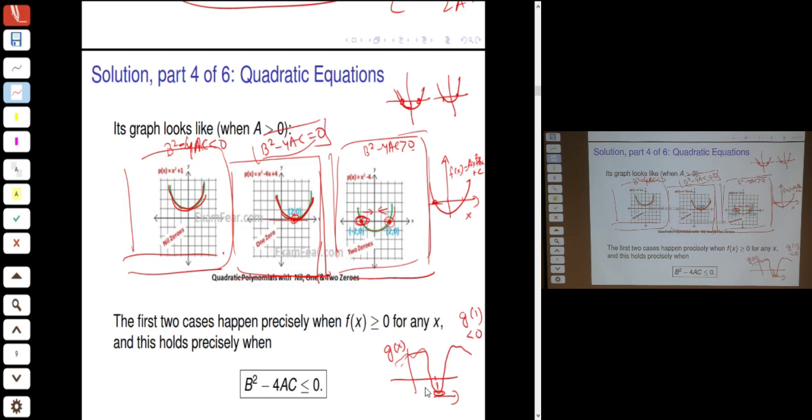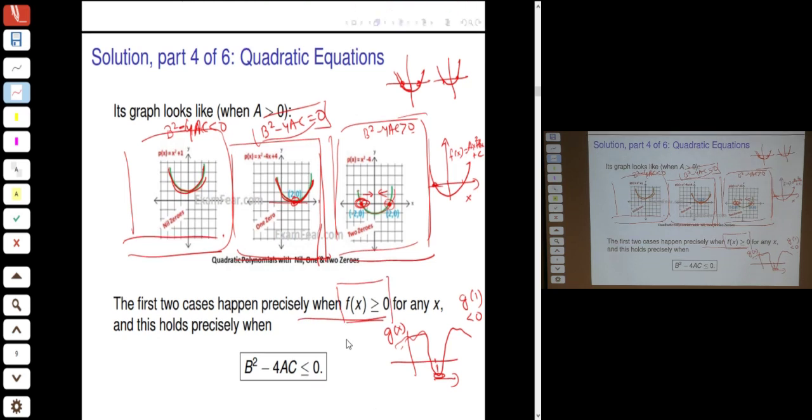So, these two cases happen precisely when the function is greater than or equal to 0, and on the other hand these two cases precisely correspond to the situations when b squared minus 4ac is either less than 0 or at most equal to 0.